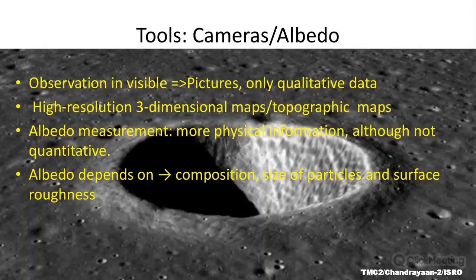Another tool, which is very simple and every spacecraft has, is cameras. So observation in the visible wavelength range.